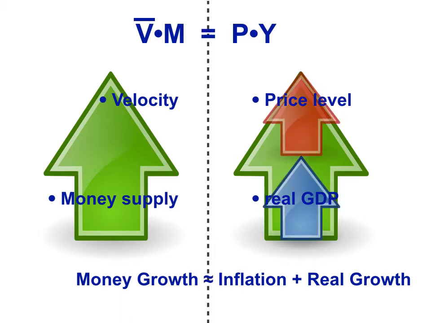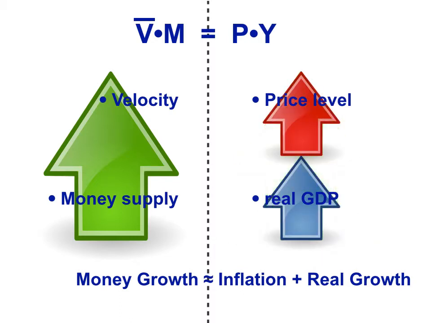Imagine that real GDP increases by 5%. This means that the price level is going to increase by 5%. I want to note here that the price level is actually the dependent variable in this equation, because the money supply growth can be controlled, and real GDP is based on how much we are producing.